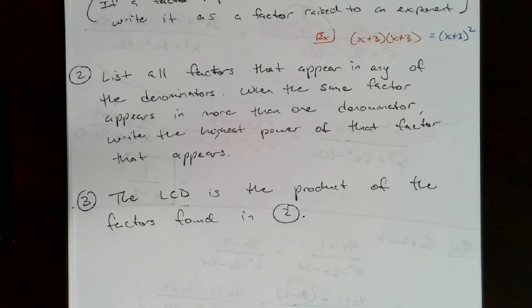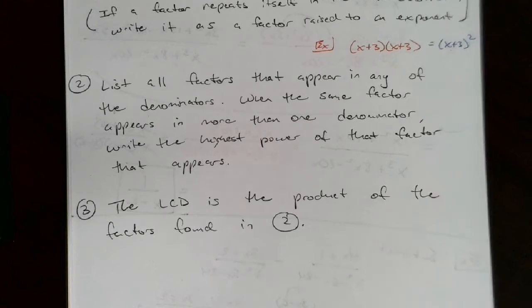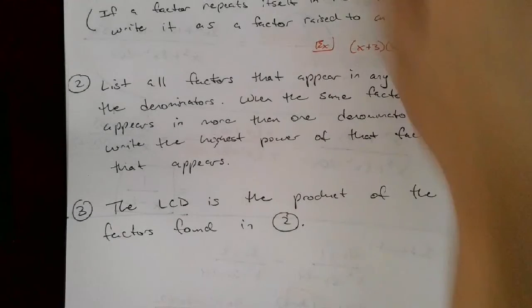So you want all the factors present in your least common denominator, or your lowest common denominator. And that's how it really worked for regular fractions when we just had integer denominators. But now we want to look at it in terms of expressions. So you may want to pause this to write this down. Otherwise, we're going to move to the first example, just finding the LCD.